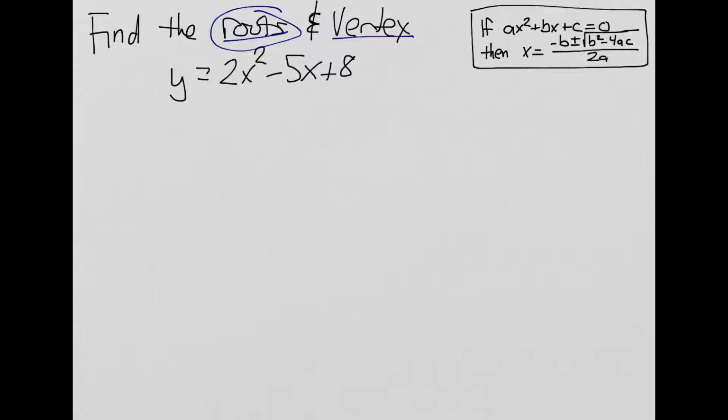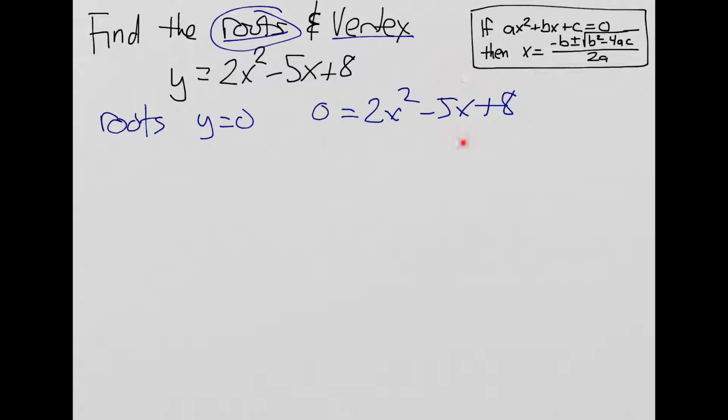So I'm going to start off finding my roots. So again, when I'm looking for the roots, I set y equal to 0. So I get 0 equals 2x squared minus 5x plus 8. And now, again, I can use the quadratic formula because I have 0 equals a quadratic in general form.